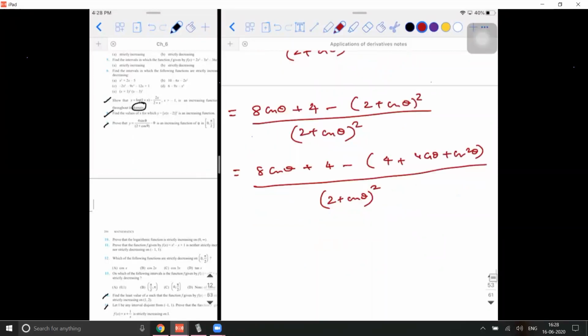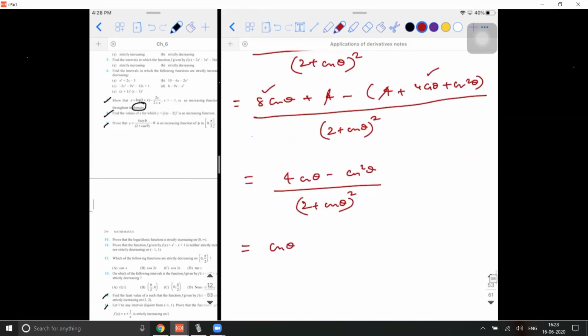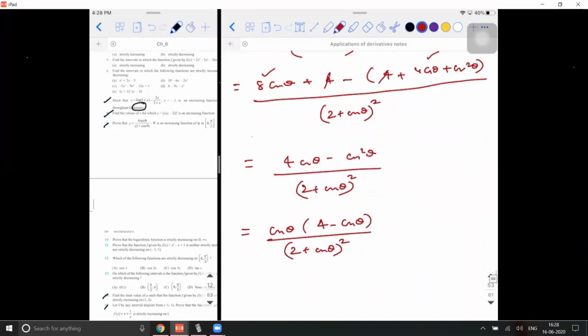I've taken the LCM, so 4 and 4 gone. 8 cos theta minus 4 cos theta is 4 cos theta minus cos square theta divided by 2 plus cos theta the whole square. Right? So if I take out cos theta, then what will I have inside? 4 minus cos theta divided by 2 plus cos theta the whole square.